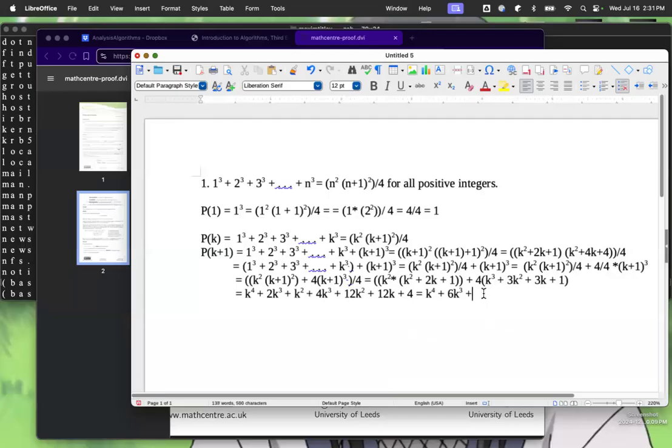Plus, now I'm going to collect my k squares together. So I'm going to have 13k squared. And let me just make sure that that is right. Yes, that is what it should be.